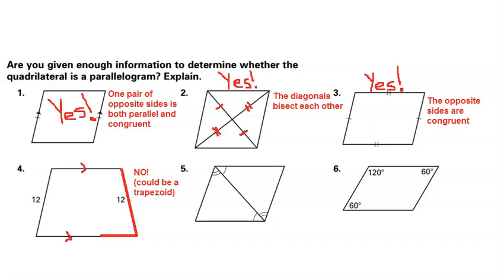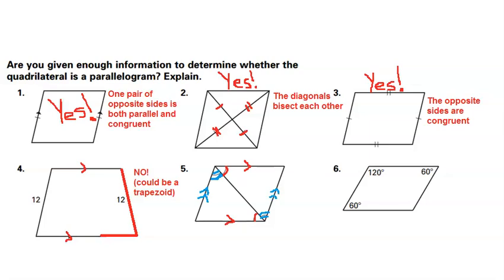Number 5, this is actually going back in time. If we have alternate interior angles that are congruent, that means you have parallel lines. And if you look in this picture, what we actually have here is 2 pairs of alternate interior angles, which means we actually have 2 pairs of parallel lines.